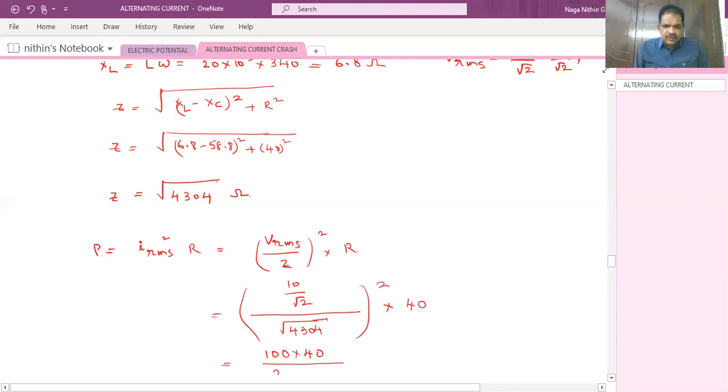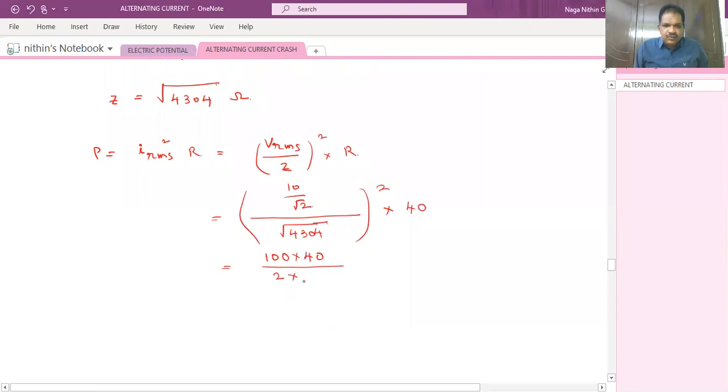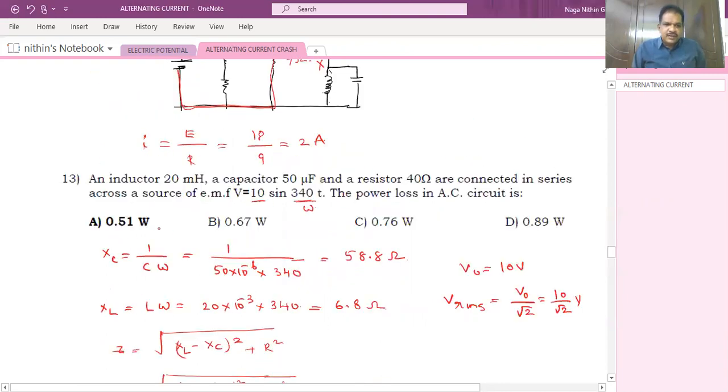This 2 comes to the denominator. This will be 4304. My numerator 4000 is there, here denominator 4300 is there. Slightly 1 point something will come. Approximately it is 1 by 2. If you calculate this value, 0.51 watt will come. So this is the answer for it.